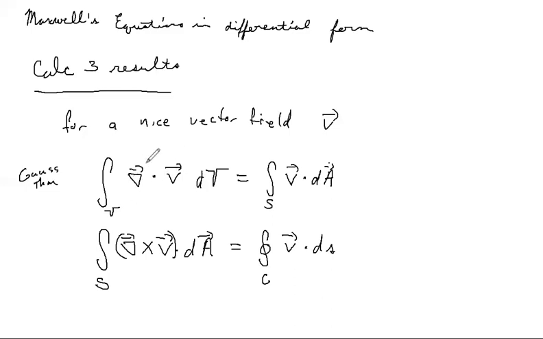So for Gauss's theorem, you have an integral over a volume equaling an integral over a surface. For Stokes' theorem, you have an integral over a surface equaling an integral over a curve.